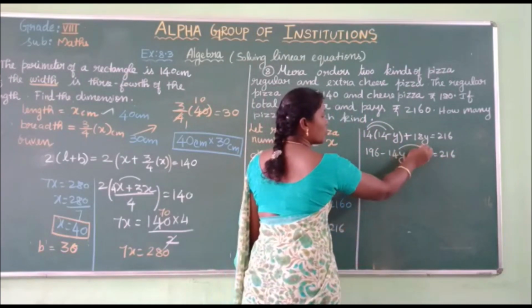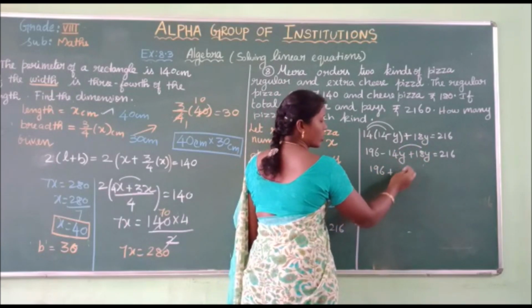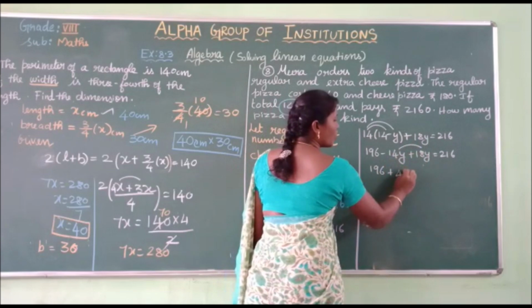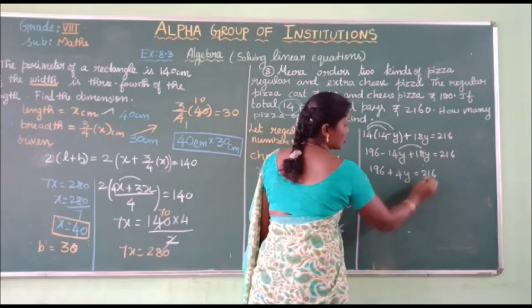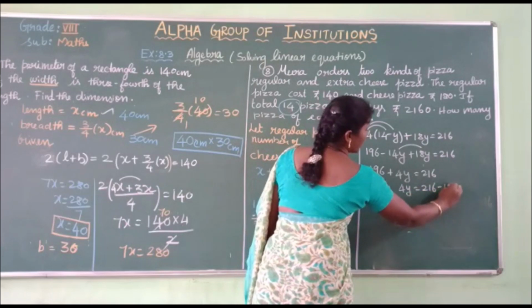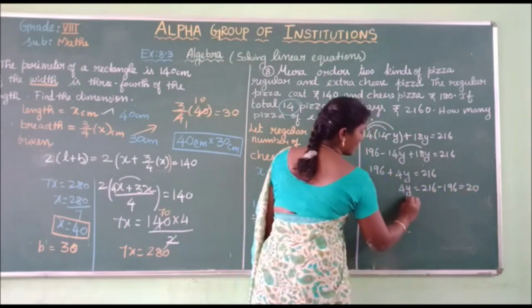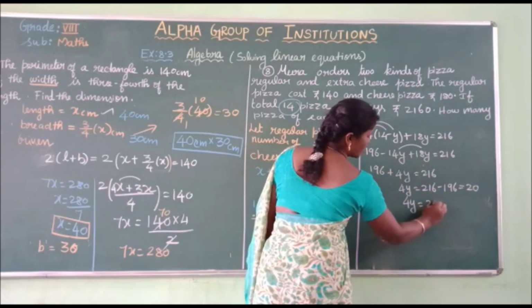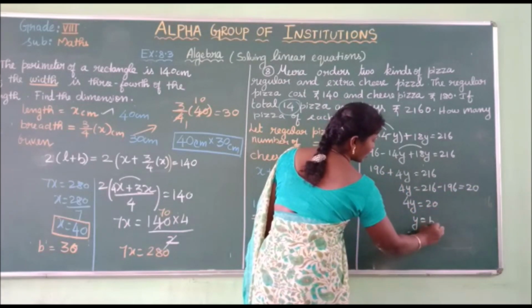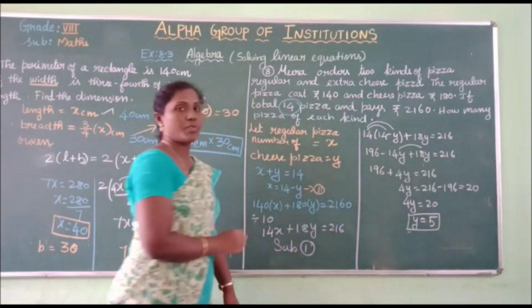Now we are having two y terms, isn't it? So 196 plus 18y minus 14y is 4y is equal to 216. That is 4y is equal to 216 minus 196, which is equal to 20. So 4y is equal to 20, and the value of y is equal to 20 by 4, so y is equal to 5.